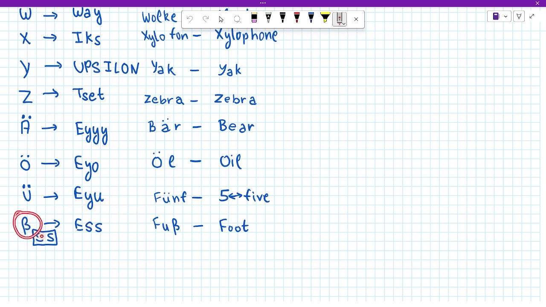And then we have beta. The pronunciation is S, but it's the replacement for the double S in any word. So instead of writing double S in German, we just write beta.